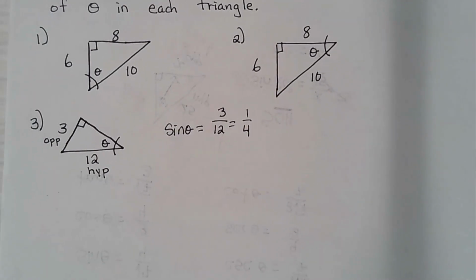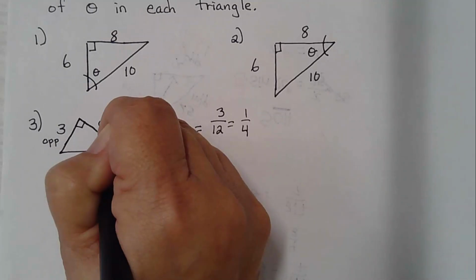And then right here is where we hit a little bit of a snag. We got stuck. What did we need to do to find this other side? What process did we have to use? The Pythagorean theorem. We did not know our adjacent side.